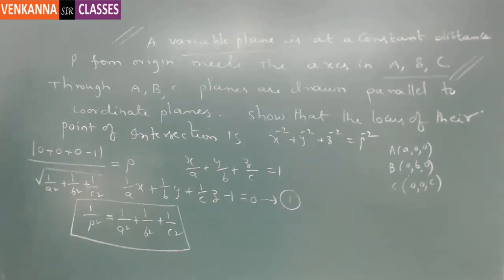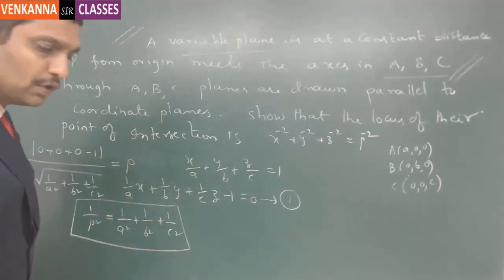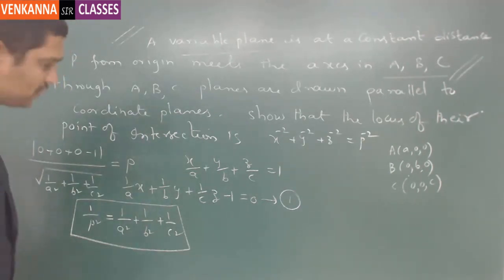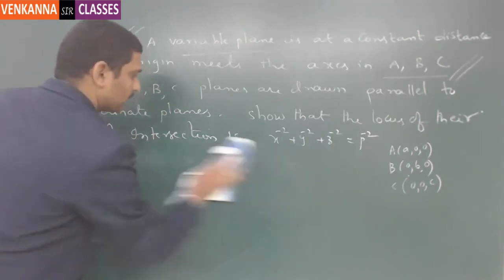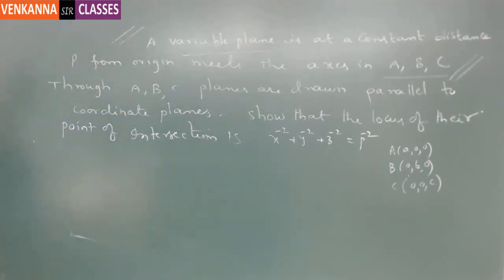Right. Now, if you read the second part of the question, it is given that through the points A, B, C, planes are drawn and those planes are parallel to the coordinate planes.